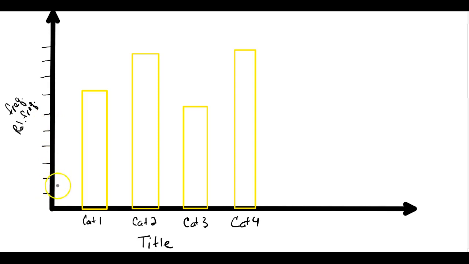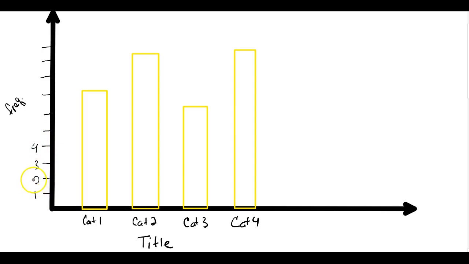I know a lot of times we don't have rulers or graph paper or something like that, so just make them approximately the same. And also, if I'm talking about frequency, so let me erase this relative frequency for right now. If we're talking about frequency, I may have 1, 2, 3, 4, and so forth. Notice I don't start at 0 because 0 is at this corner, and I'm going to go up in the same increments.